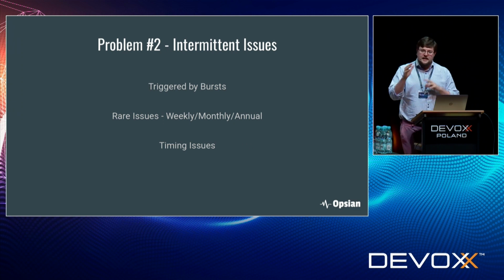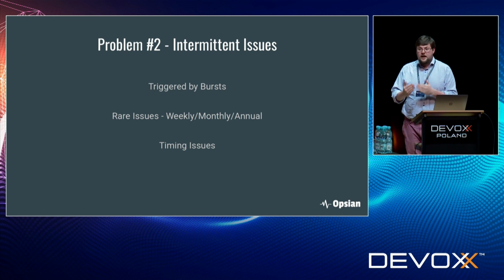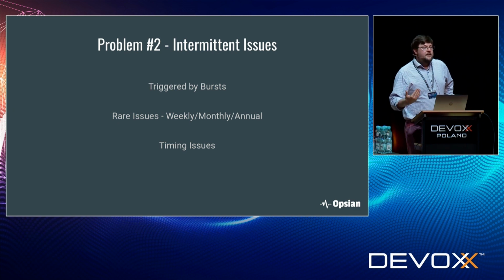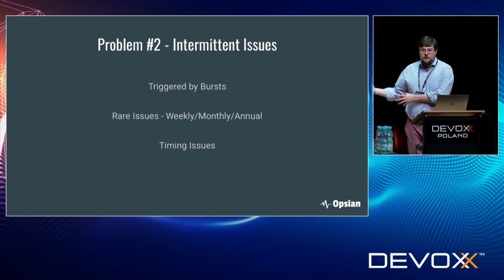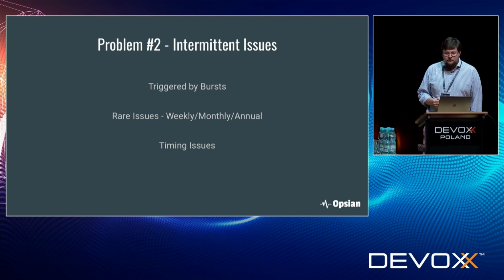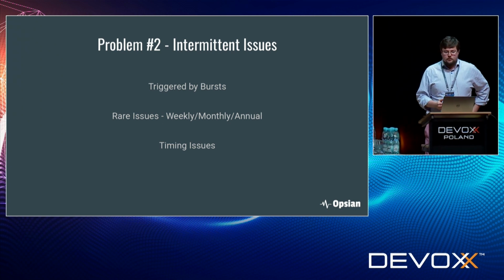Things where you get an intermittent issue at a given point in time. It might also be the case that these intermittent issues aren't something that coordinate very well with where your developer team is. If the issue happens at 1 a.m. at night, and your tier 1 operations support fixes the problem just by restarting a server, perhaps, then you may not have time to gather the data in order to solve that problem.